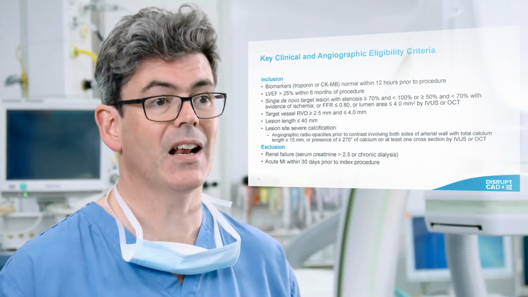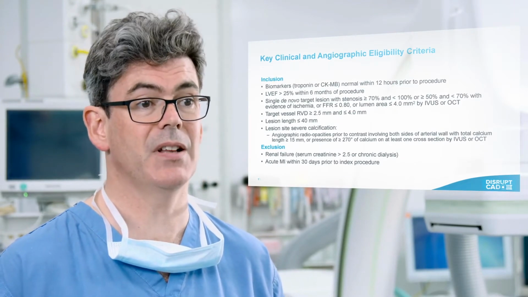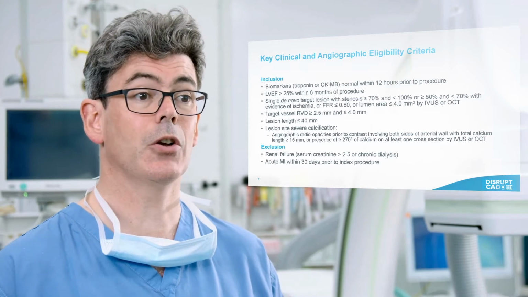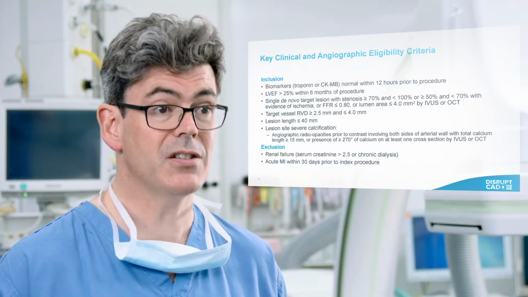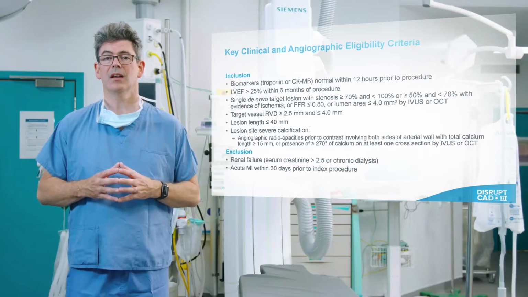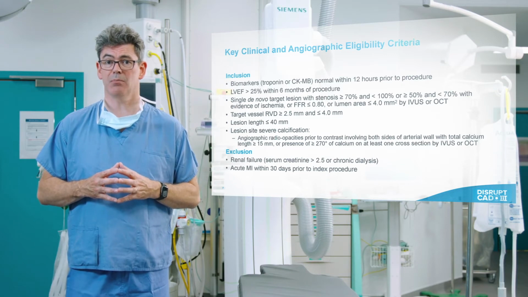These are the key clinical and angiographic eligibility criteria. They include being biomarker negative, having an ejection fraction greater than 25%, single de novo lesions with a stenosis greater than 70% but less than 100% were included.